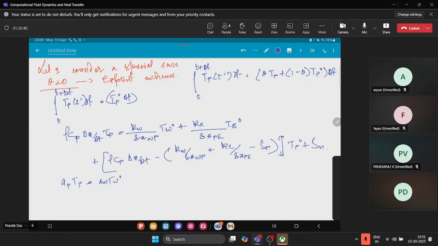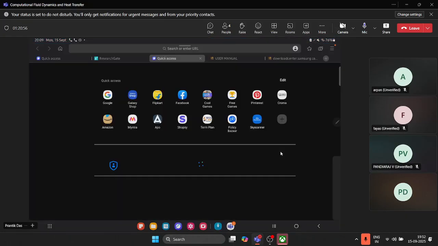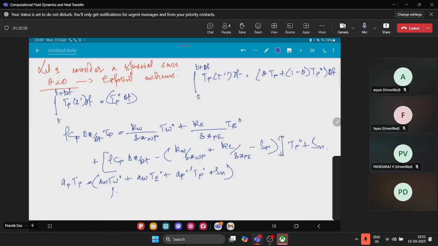Now the coefficients remain the same; only theta changes, giving TW naught and TE naught. As you can see, the right hand side of the equation is at our previous time step. So if you iterate for a single time step, this becomes your initial condition, and the left hand side gives you the temperature at the next time step.